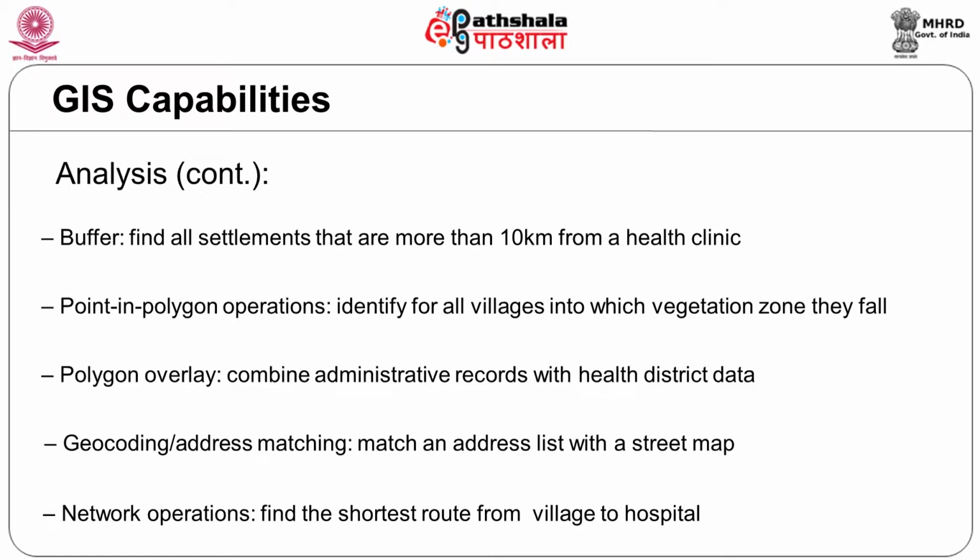Now, coming back to the next one, point in polygon operations, wherein we identify all the villages into which a particular vegetation falls. Of course, this is a very crude example.